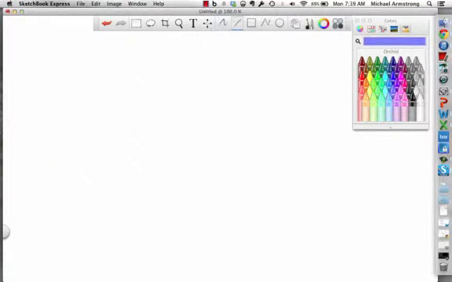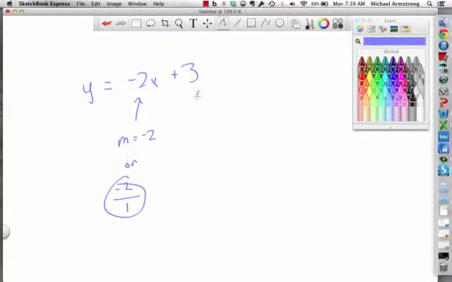Okay, let's look at another one. Example 2 wants us to graph y is equal to negative 2x plus 3. Alright, and so the slope, which is m, is equal to negative 2 or negative 2 over 1. It has to be a fraction form to get slope. And our y-intercept is positive 3. Okay, and then again, we're just going to draw our graph and see what happens.